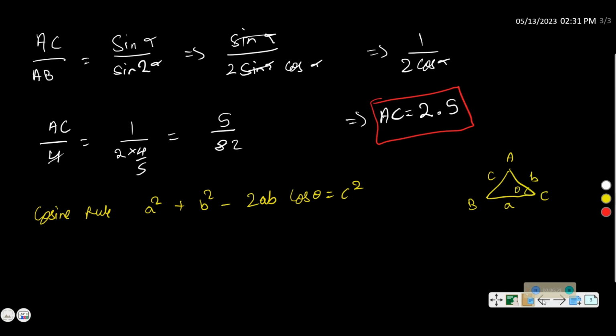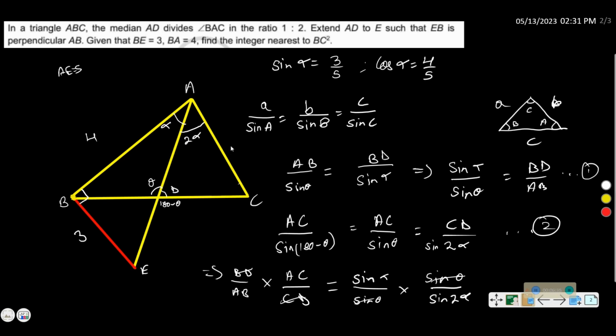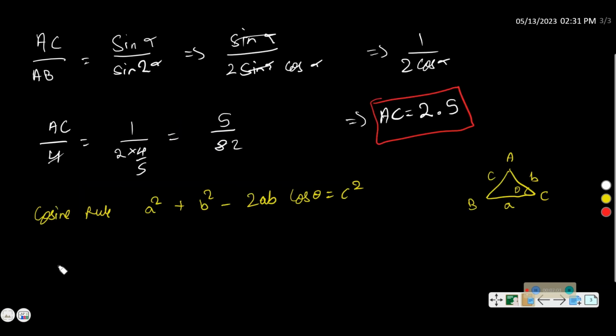So applying the same rule here in triangle ABC, we can see that AB square plus AC square minus 2 times cos 3 alpha, since alpha plus 2 alpha equals 3 alpha, times AB times AC equals BC square.